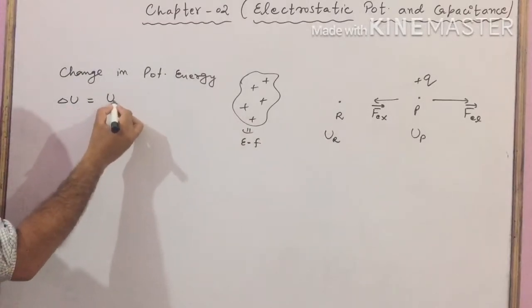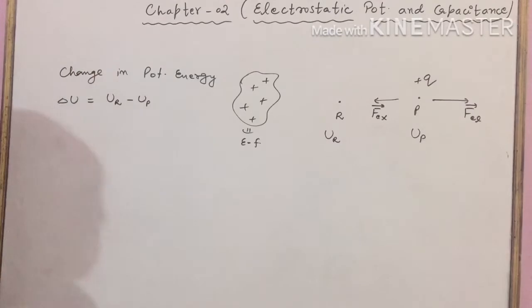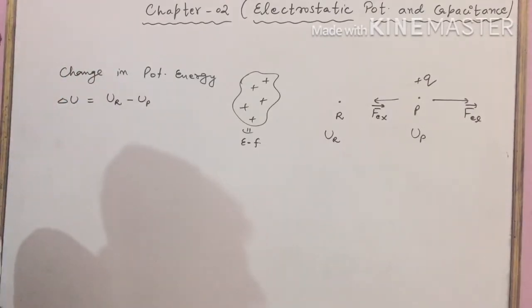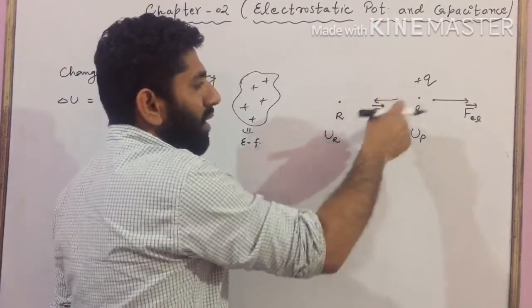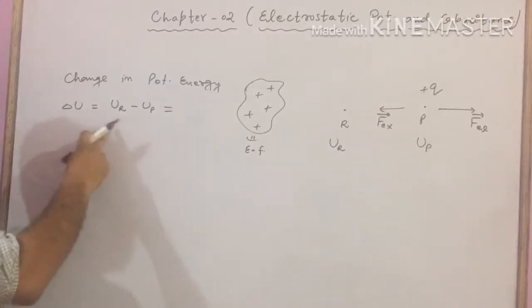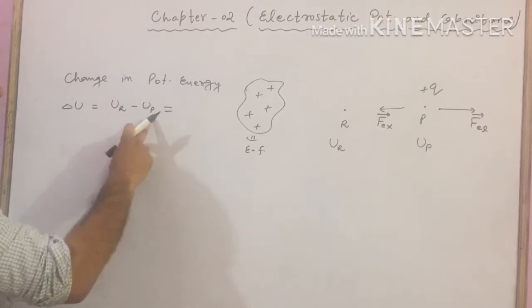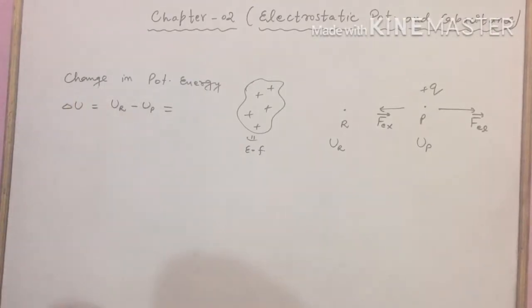So the change in potential energy can be written as UR minus UP. But the question is, how much change will be there? Will there be any relation between the change in potential energy and the work done in moving the charge? The change in potential energy will be final potential energy minus initial potential energy, that means potential energy at point R minus potential energy at point P.